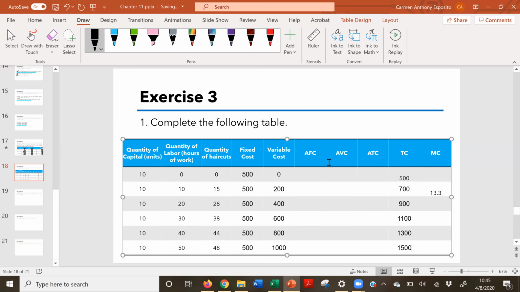And next we need to figure out what is our average fixed cost, average variable cost, average total cost, and our marginal cost. Well, remember the marginal cost is the change in total cost per change in quantity.